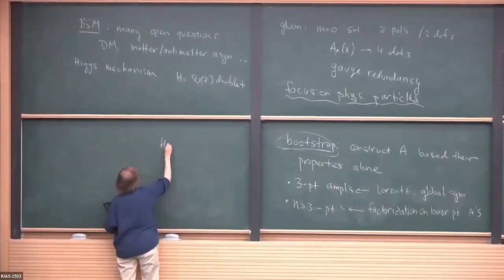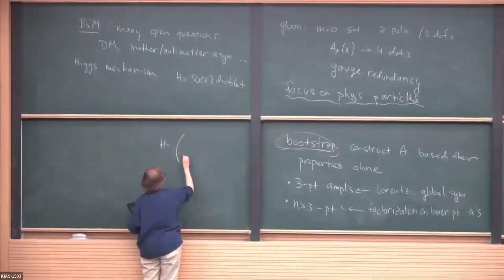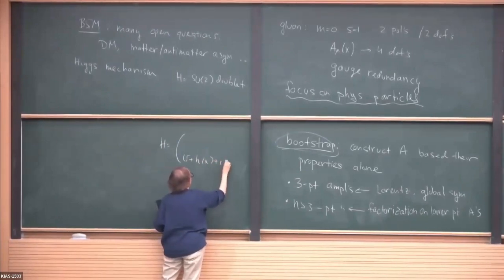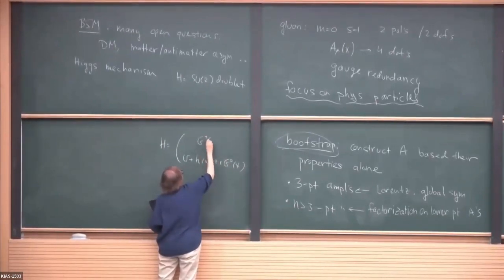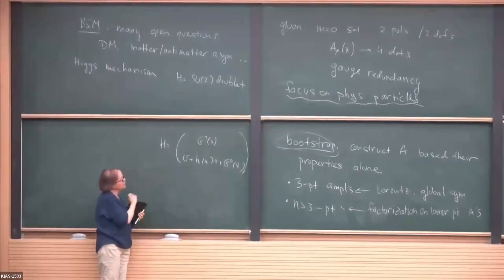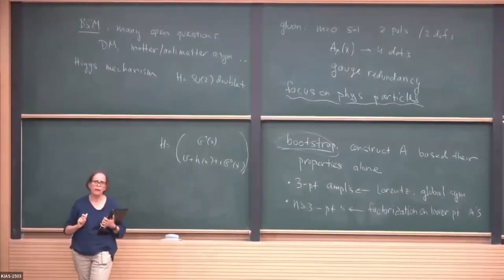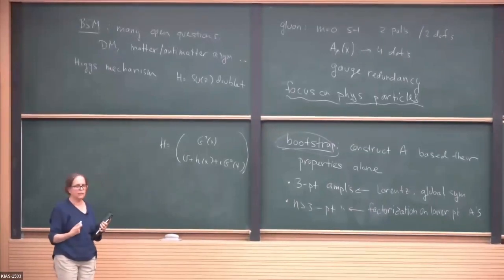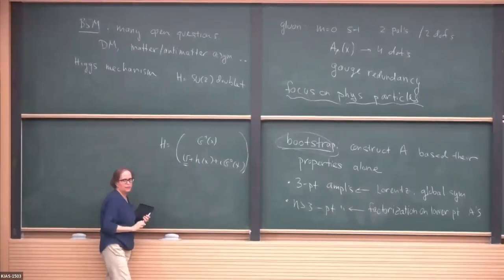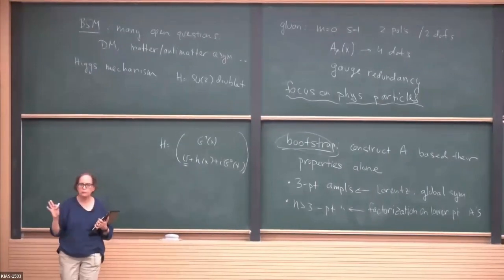And in this SU(2) doublet, we have a VEV here, and then there's the physical Higgs, and then there's a Goldstone here, and another Goldstone here. And everything works beautifully. But in order to get this Higgs mechanism, we really need to have this VEV here. And we have absolutely no understanding of that.